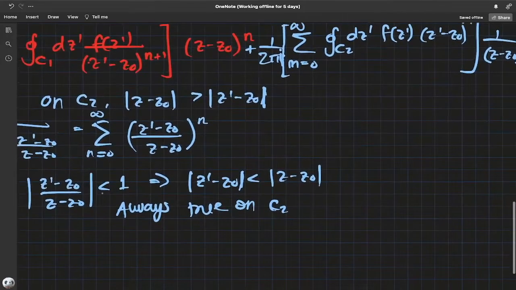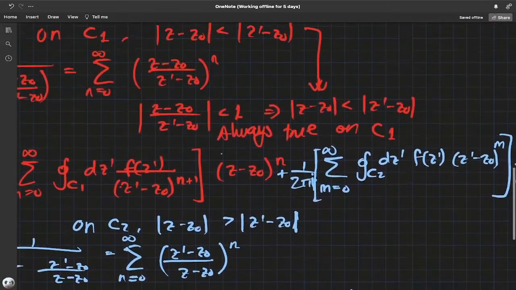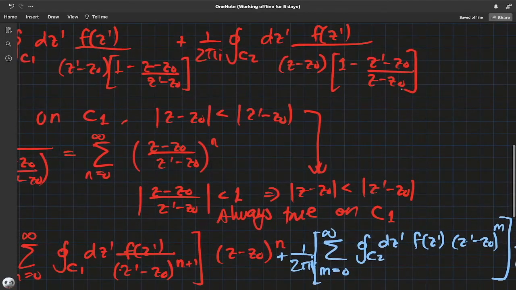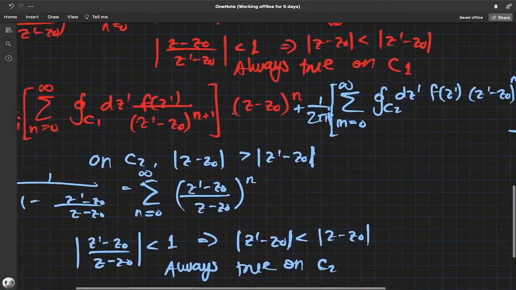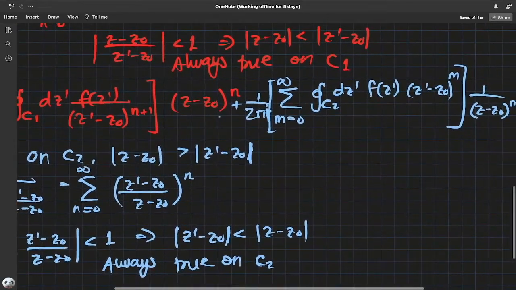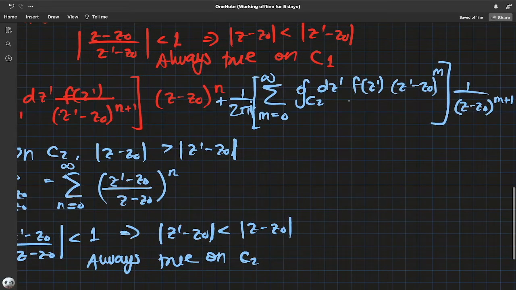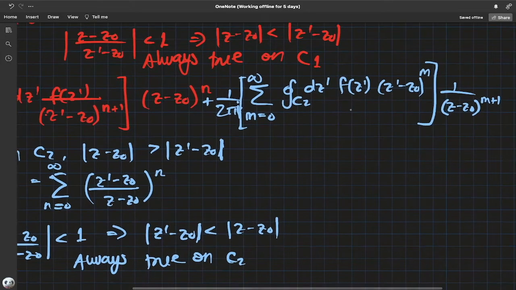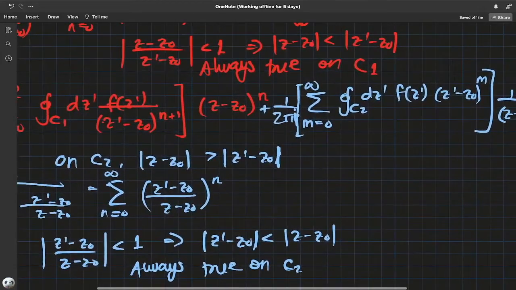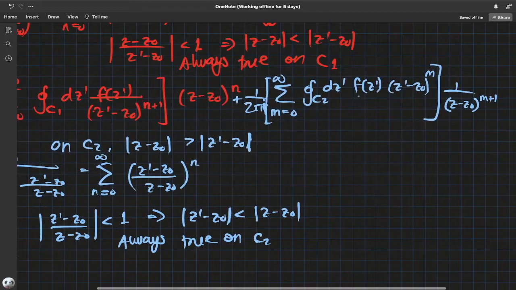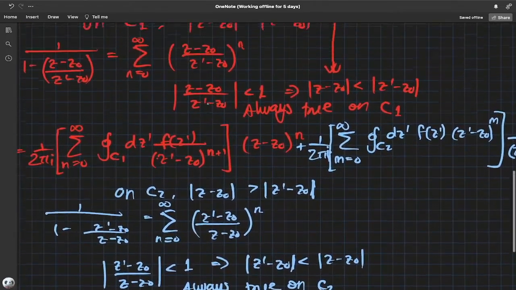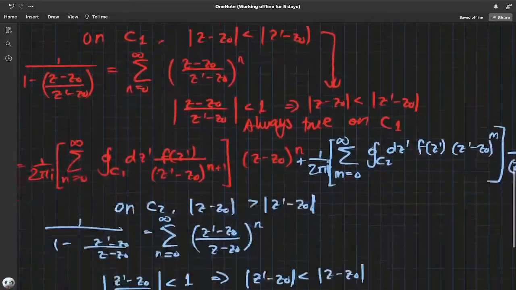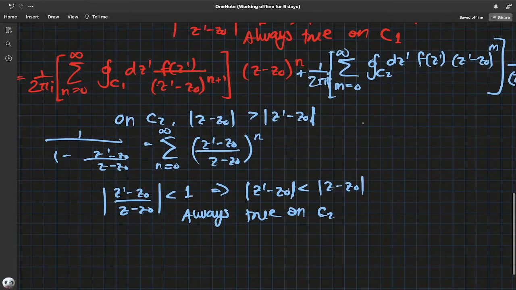You can clearly see that we have a z minus z naught here and here, so add the powers just like we did before, except it comes out of the integral because there's no z prime dependence. So this is a little long expression. I hope you see the logic behind it, and I hope this convinces you.